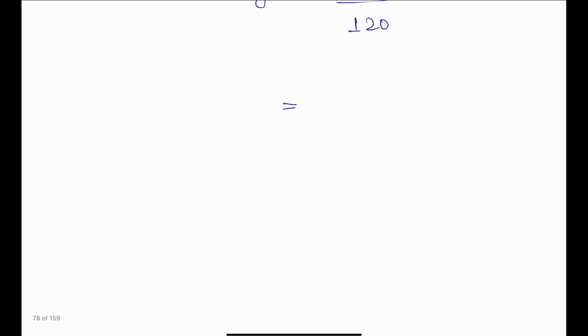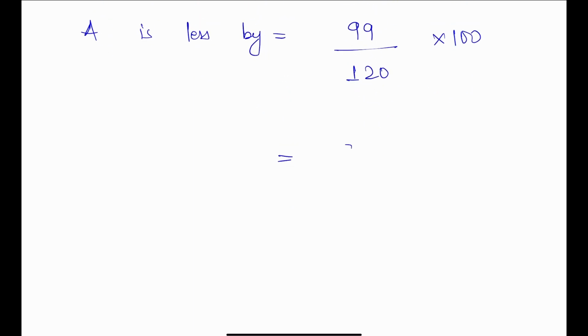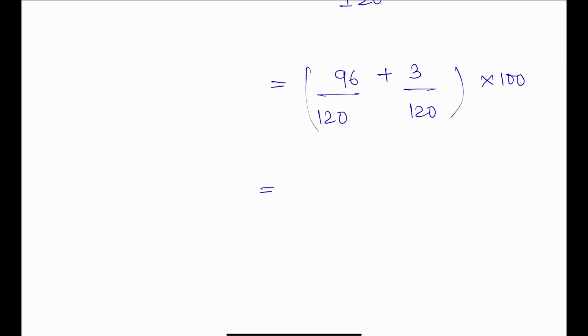So but this can be 96, I can rewrite it 96 plus 3. So it is nothing but again 8 by 10, here it will be 1 by 40.